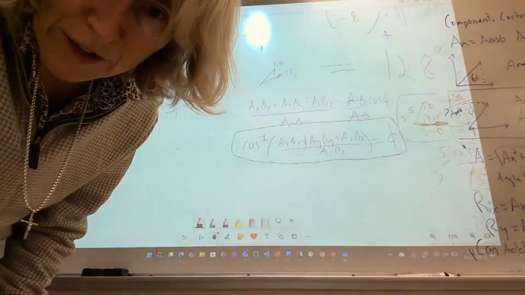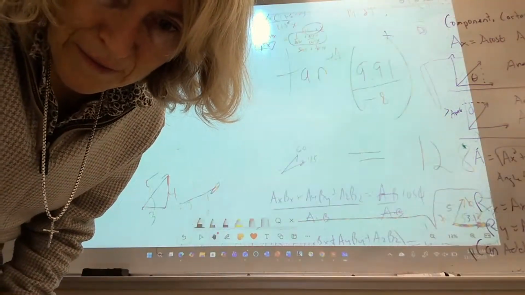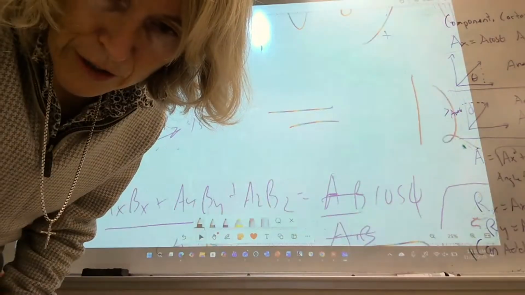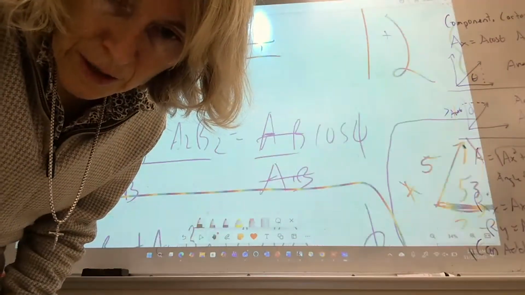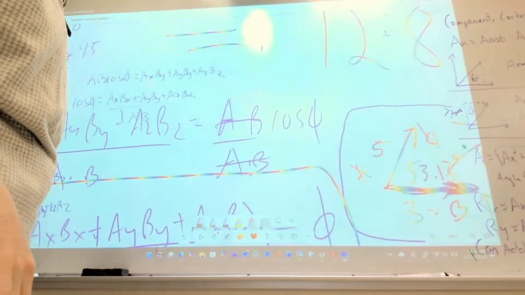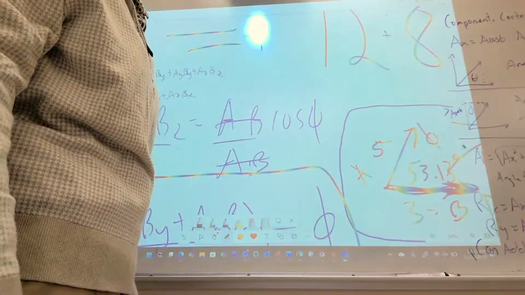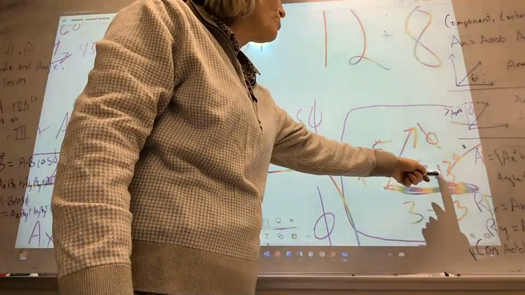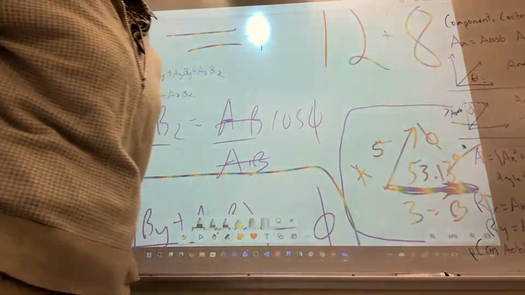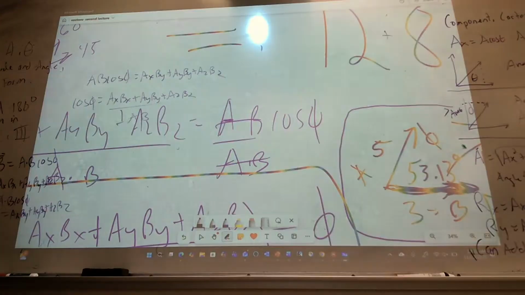Let's start by doing some simple scalar product, okay? Now, you're told you have two vectors here. A is 5 and B is 3. And the angle between them is 53.13. I want you to use both definitions to get the scalar product. You should get the same thing every time.